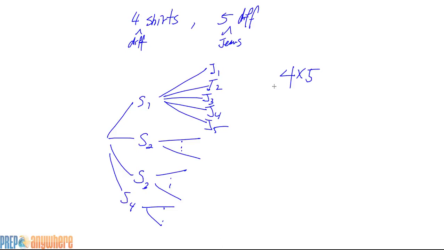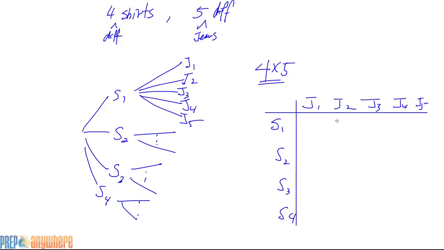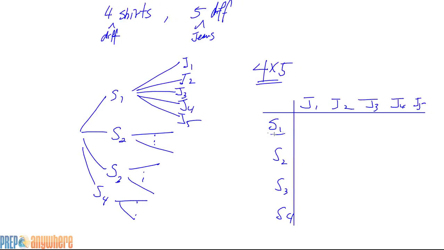If that 4 times 5 was a little quick, think about how we can do this. Shirt 1, shirt 2, shirt 3, shirt 4. Then we compare shirt 1 with different jeans: jean 1, jean 2, jean 3, jean 4, jean 5. Shirt 1, S1, and jean 1 represents this first branch here.